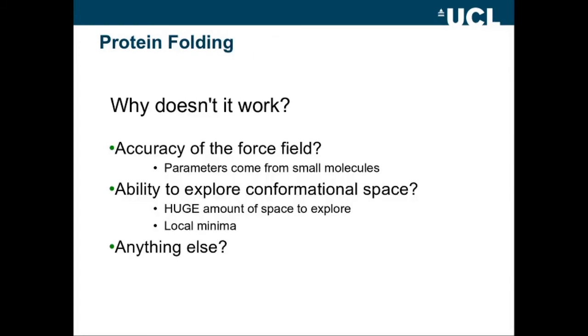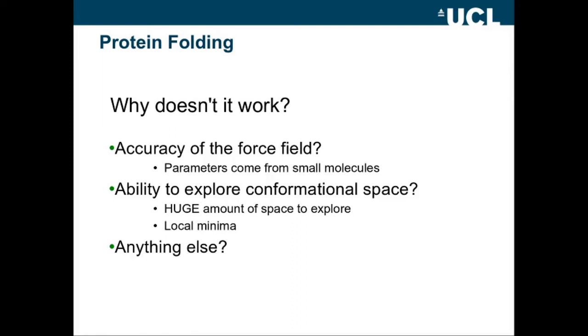So why doesn't it work? Well, it could be the accuracy of the force field. After all, the parameters come from small molecules. But really, the sorts of simulations that we can do with molecular dynamics suggest that that probably isn't a major factor. Is it our ability to explore conformational space? Well, yes, that's almost certainly part of it. As we've discussed before, there's a huge amount of space that could be explored, and we could get trapped in local minima.